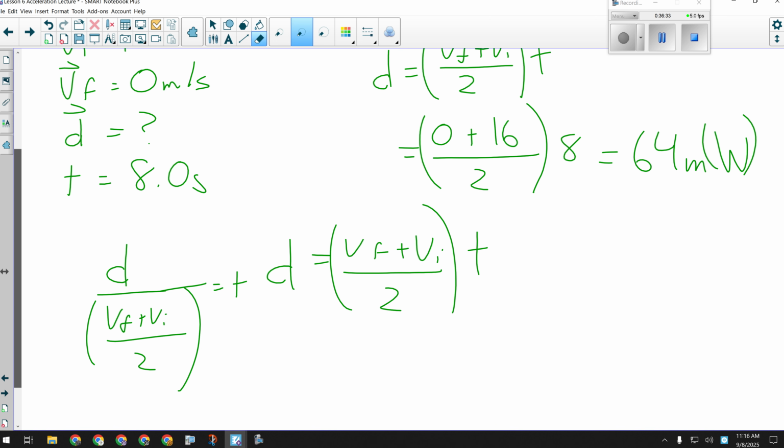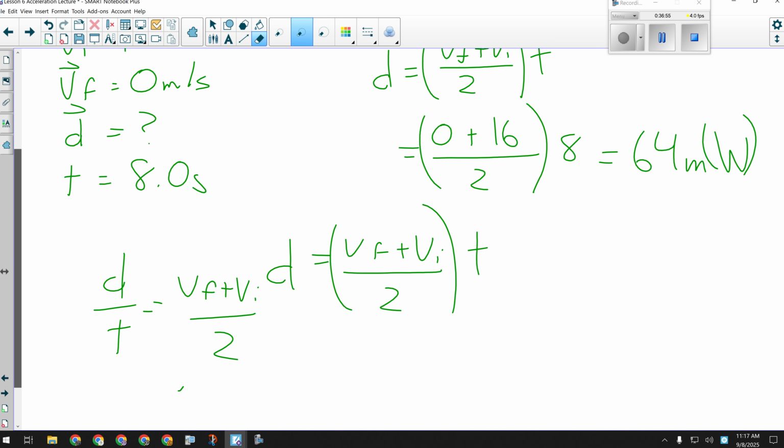All right, what if I wanted to solve for either one of the V's? Do you have to times 1 in it to get rid of the bracket? No, I'd want to move something first. So T. Yeah, move t first, right? If I divide both sides by t, I'm going to have, gee, surprise, surprise, d over t equals average velocity. Right?